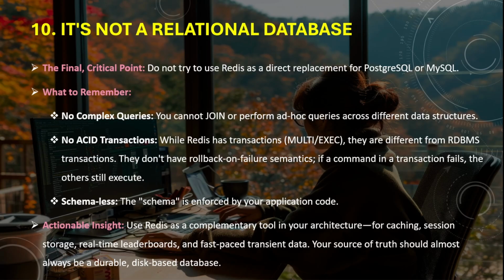Hence, use Redis as a complementary and high performance tool in your architecture, specifically for caching, sessions, and real time features. Your source of truth should almost always be a durable, disk based database, for example, PostgreSQL or MySQL.